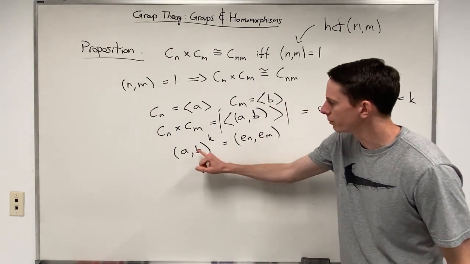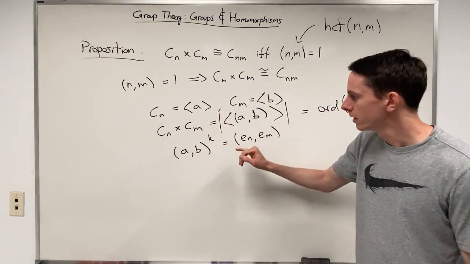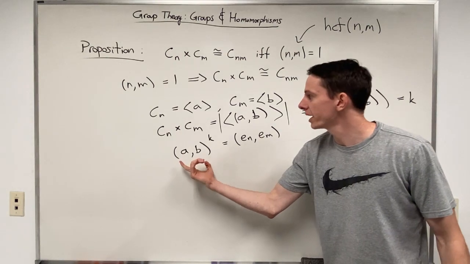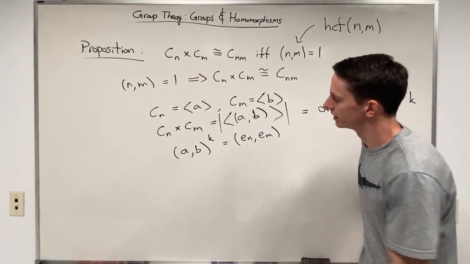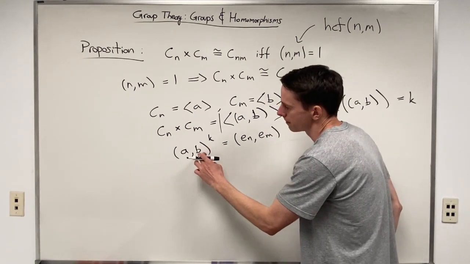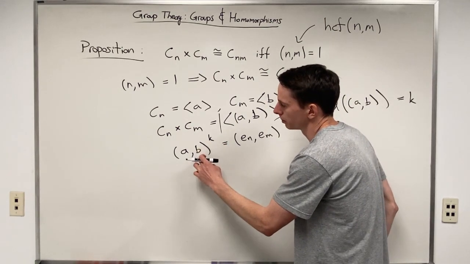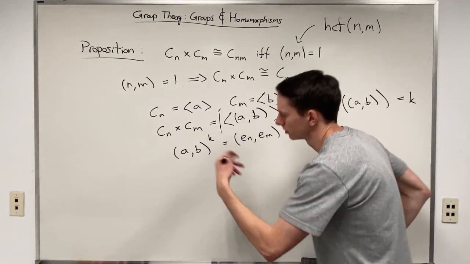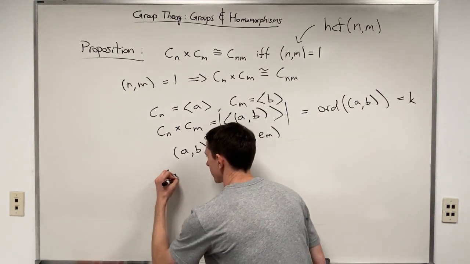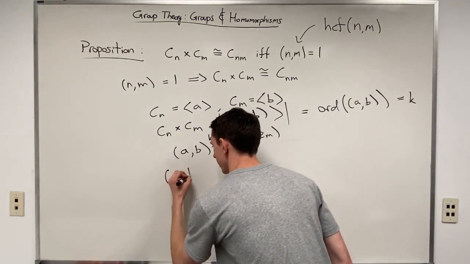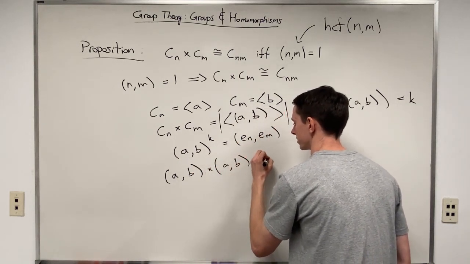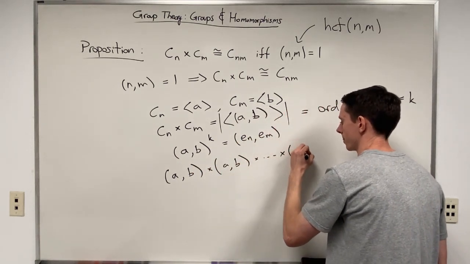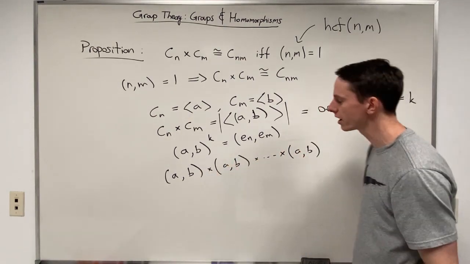If (a, b) is raised to the k, hopefully we remember how the binary operation for the direct product is defined. Another way of saying this is that (a, b) to the k is just (a, b) times (a, b) times ... times (a, b), k different times.